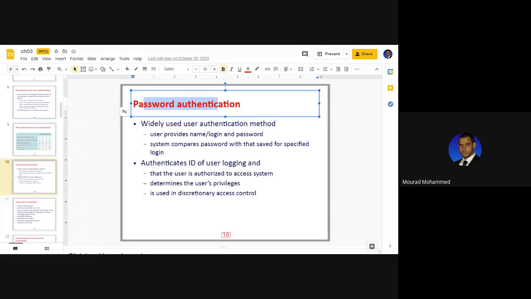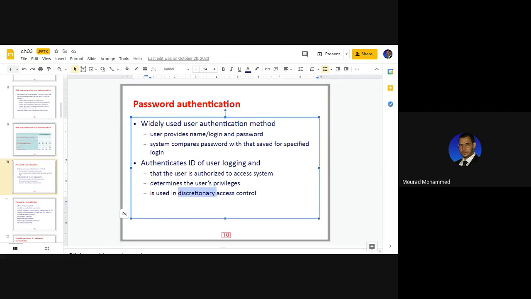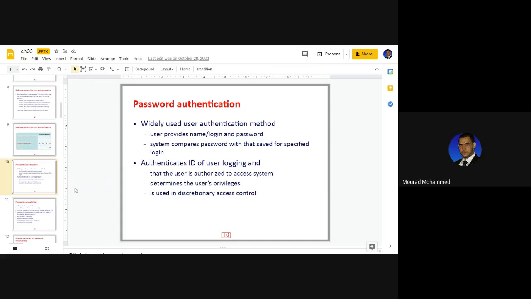It might be a number, a textual username, or alphanumerical, and your password is something that comes clearly from your side only, so it is not standardized by all systems across all digital platforms. Thus it is a discretionary access control mechanism.